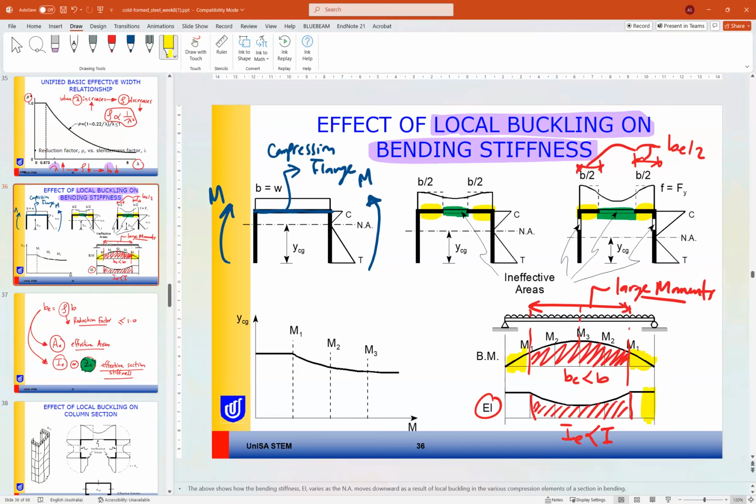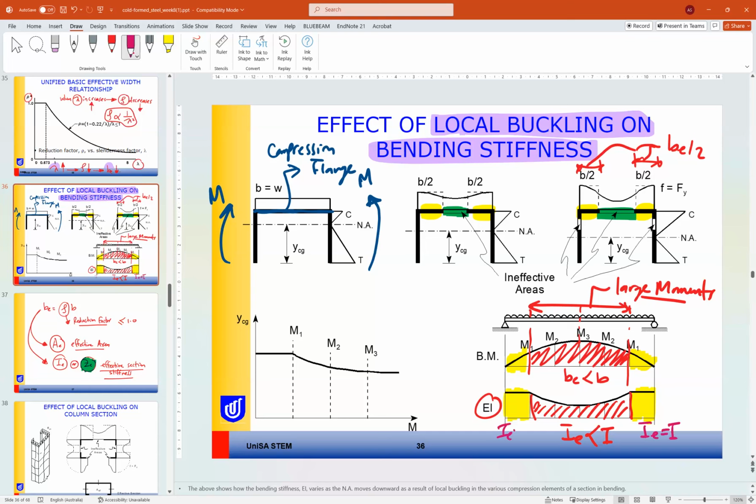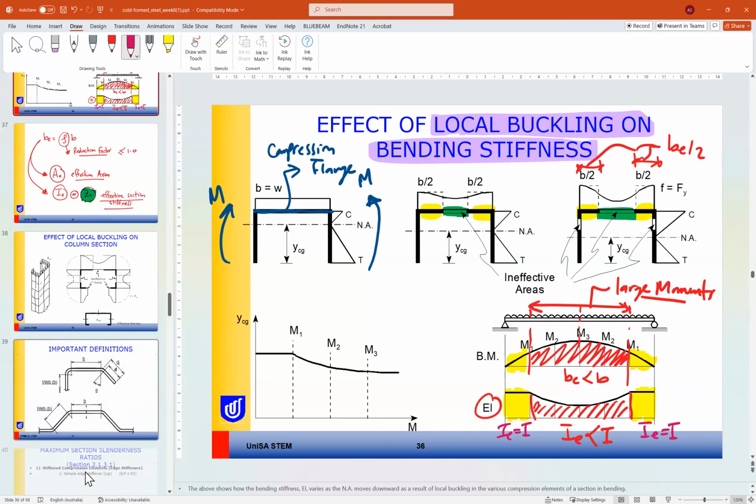That's why in this area we have the same I, no reduction in I for this part. Okay, so this is an example of the effective inertia or effective stiffness due to the applied moment.